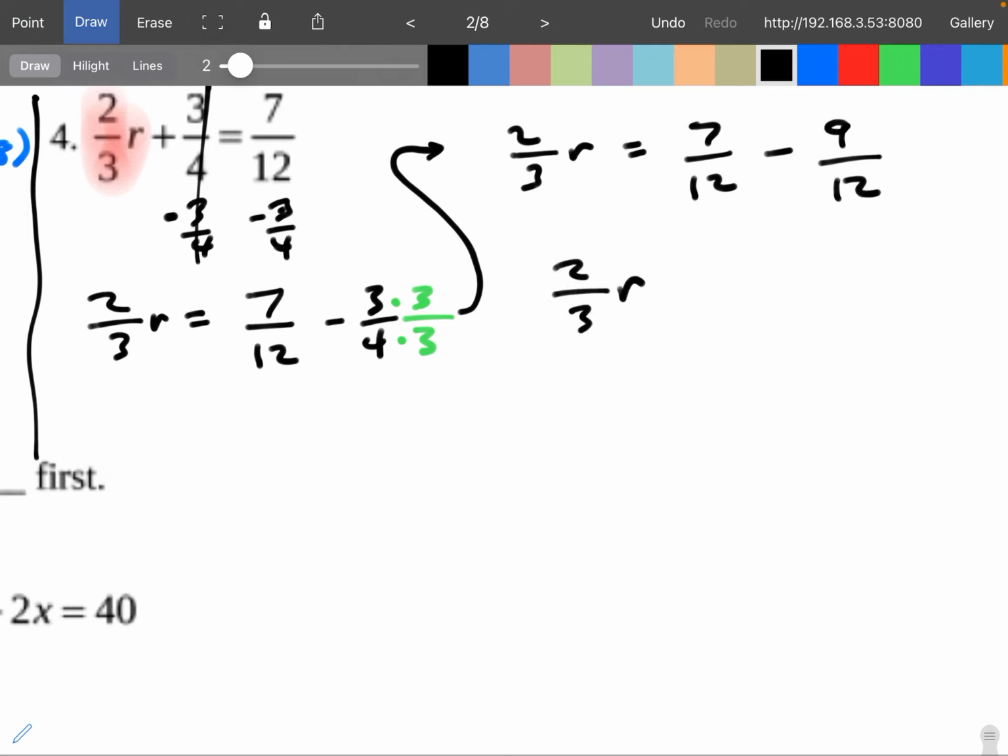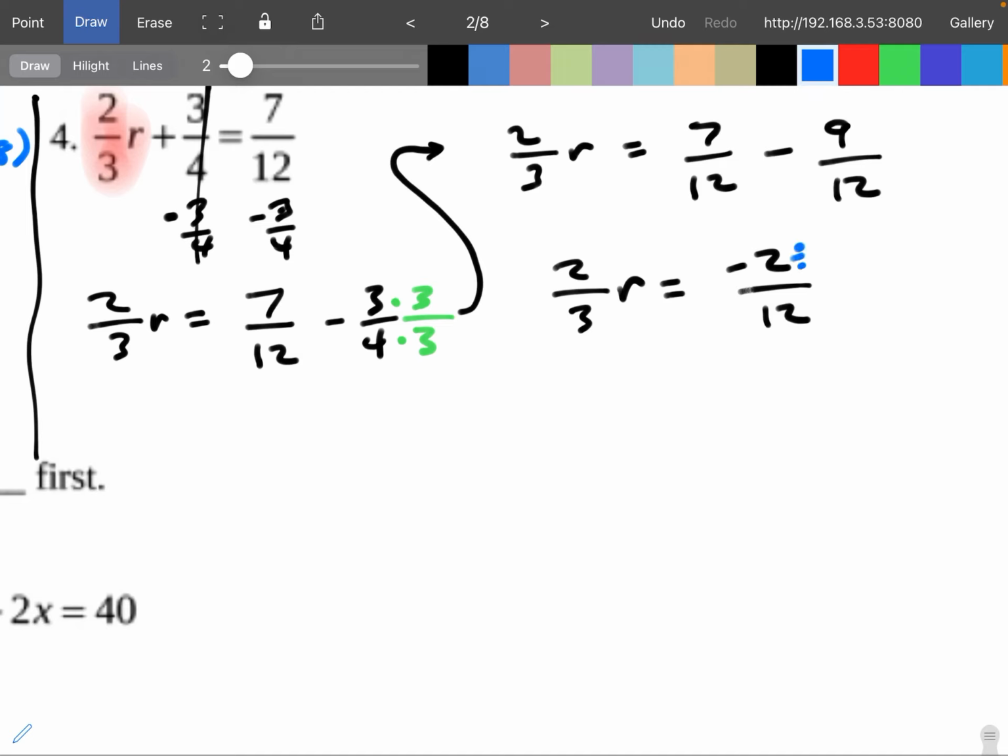So now I can subtract on the right-hand side there. So now I've got 2/3 r equals 7 minus 9. What's that? Good. Yep, that's a -2 over my common denominator, which I keep. That's 12. Now I could go ahead and finish this right now, but I think I should probably reduce that fraction on the right-hand side.